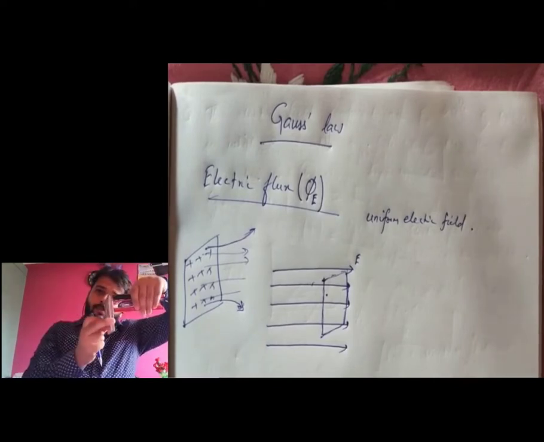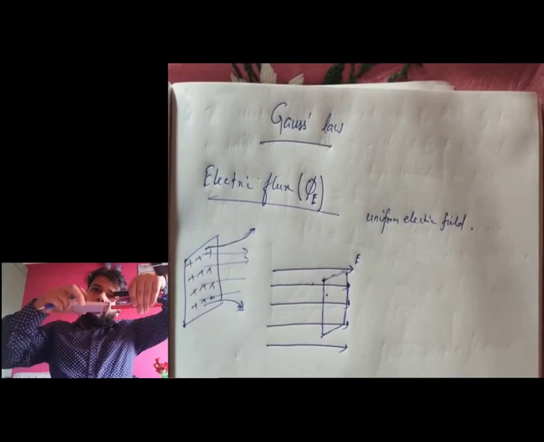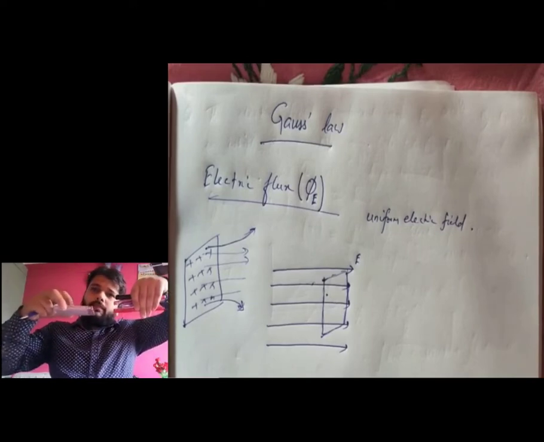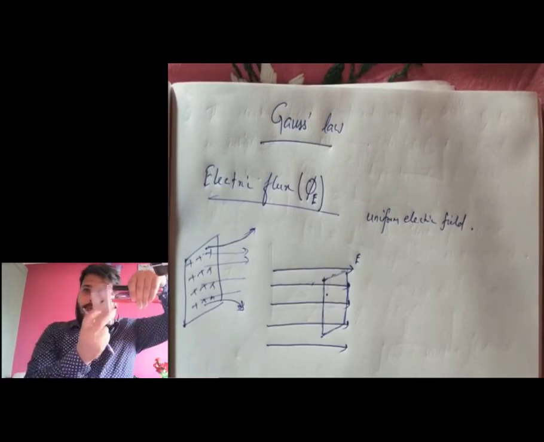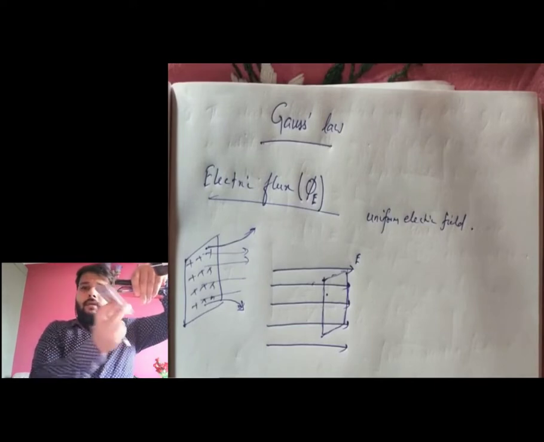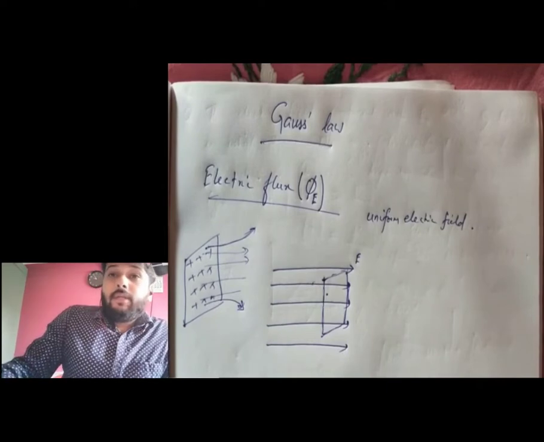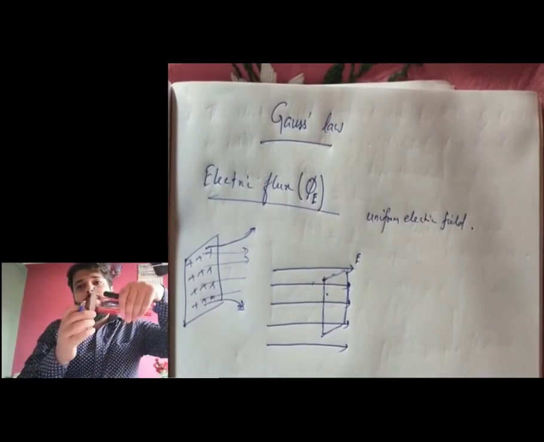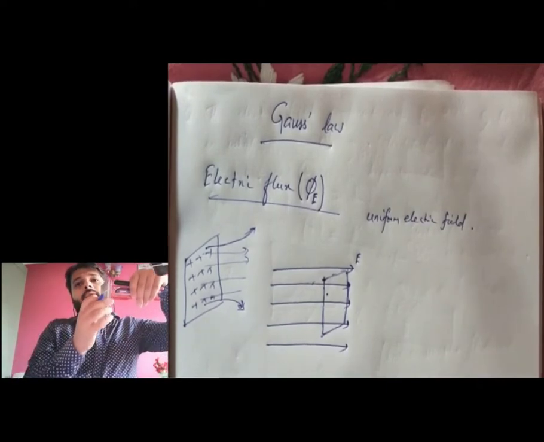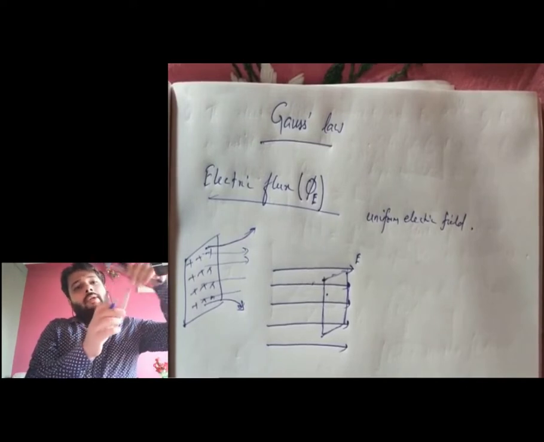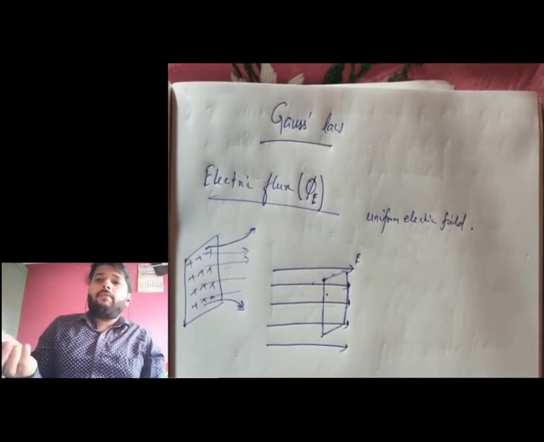We can place the surface along the electric field, perpendicular to the electric field, or at any angle. Whenever I talk about electric flux, there must be a plane surface. Now, the electric flux linked with this surface is how much?